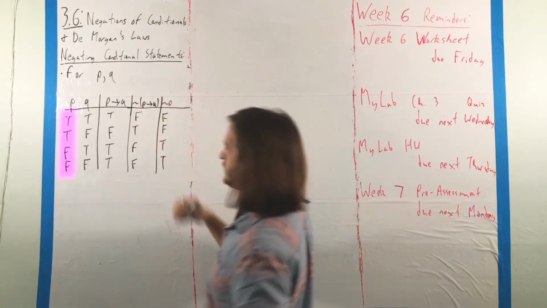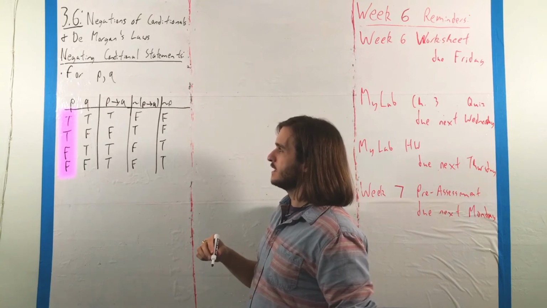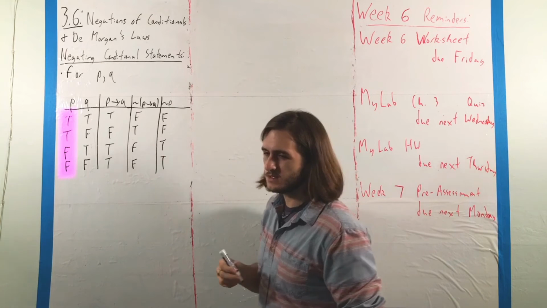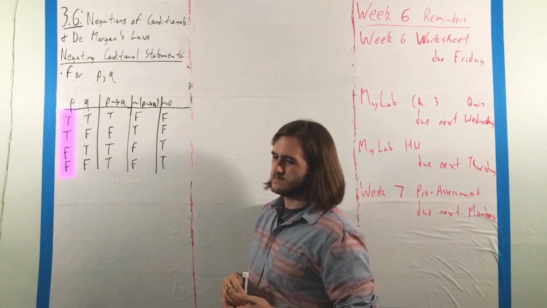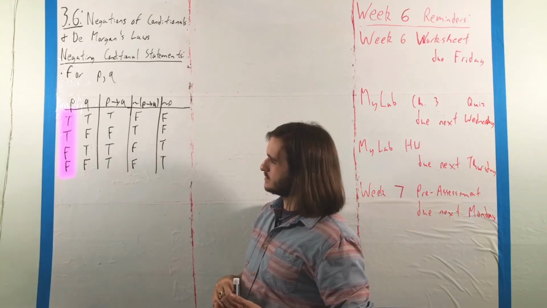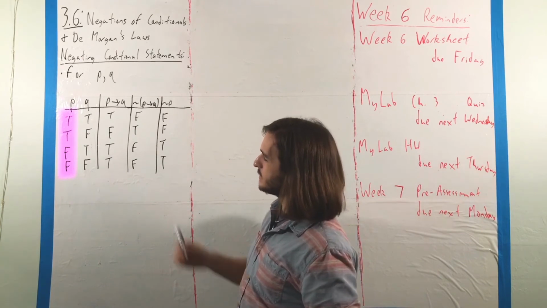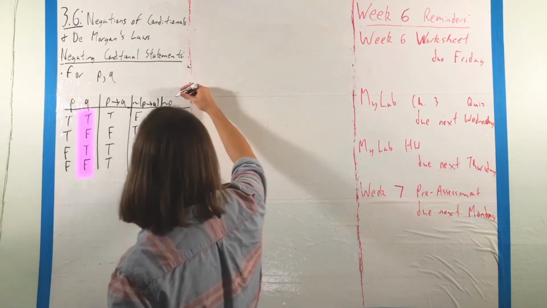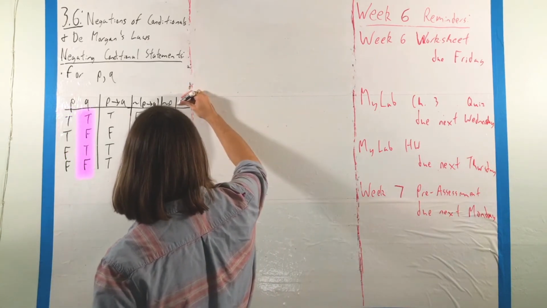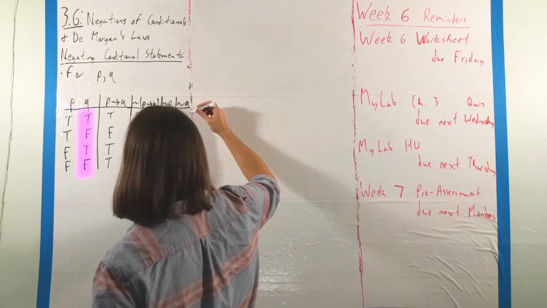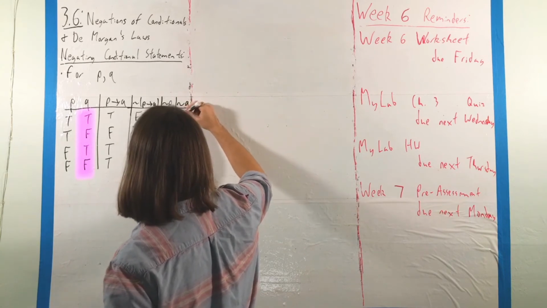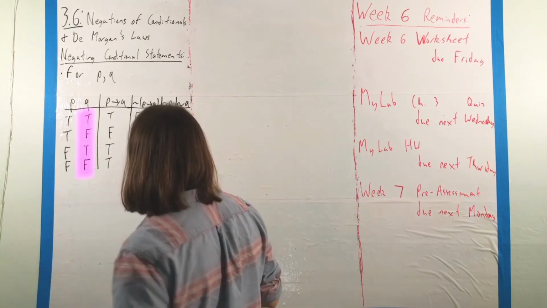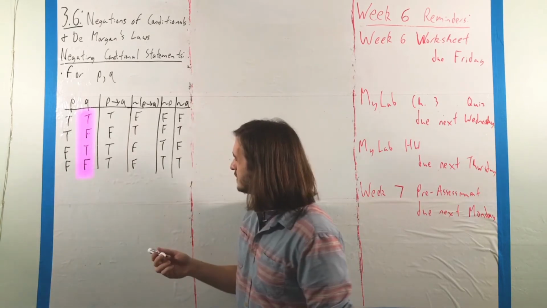It doesn't seem like it ends anywhere close to this, because you want this second one to be true, and in that case, you would need something else that's true there. So maybe we'll try negating Q next and see what happens. We're just trying to work our way through some of our options here. If we negate Q, then we get false, true, false, true, which gets us a little bit closer, maybe.